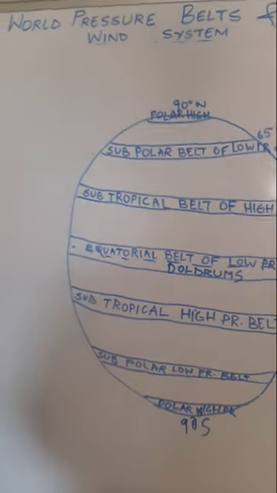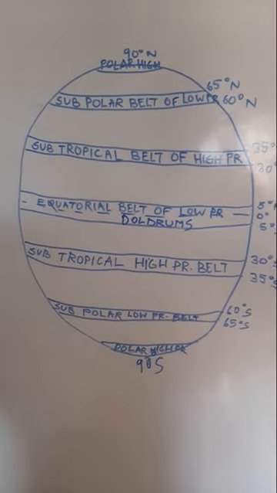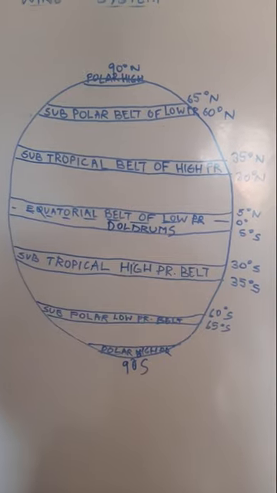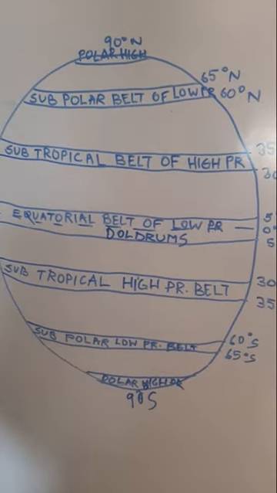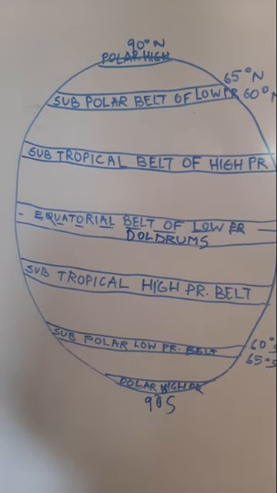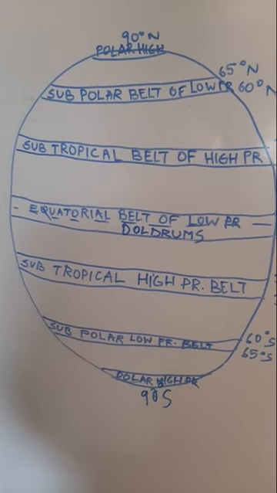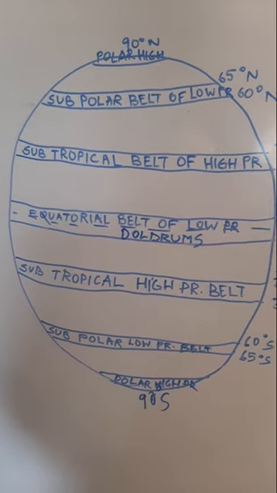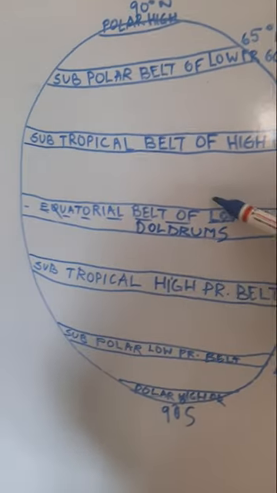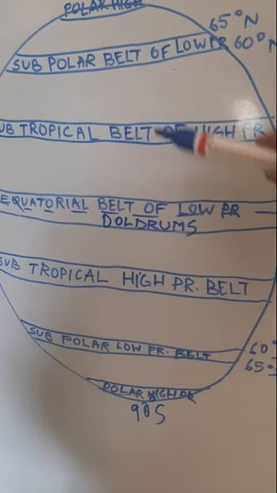I am again repeating why such pressure conditions have occurred. The equatorial belt has low pressure because it gets the direct rays of the sun, and hot air rises up due to heating. It is lighter, it rises up, and there is less air, so there is low pressure.